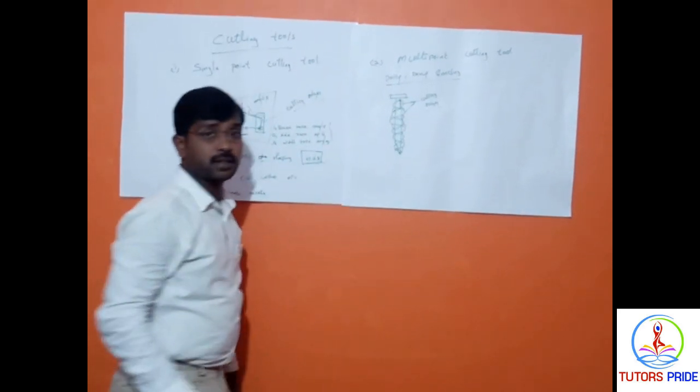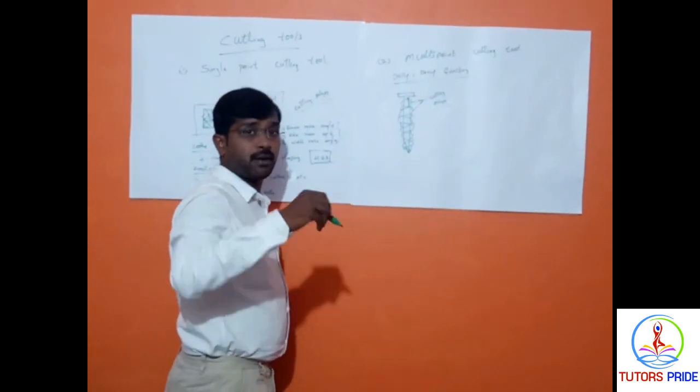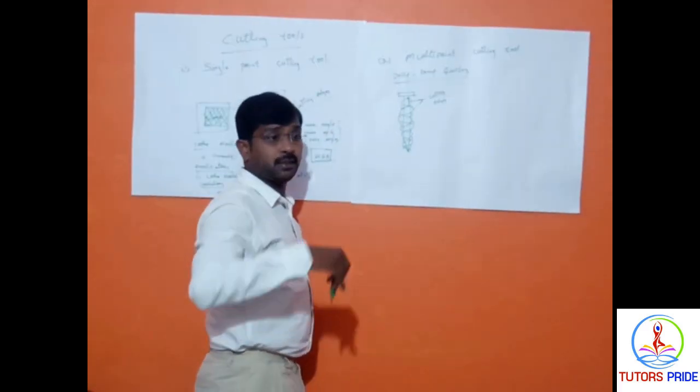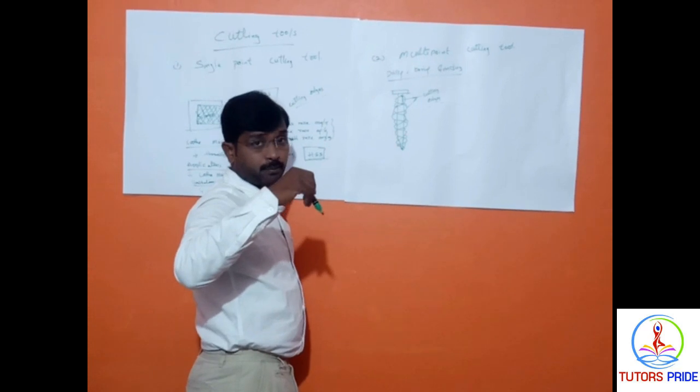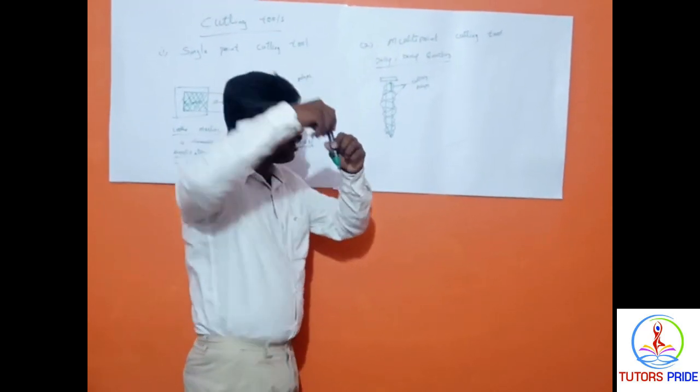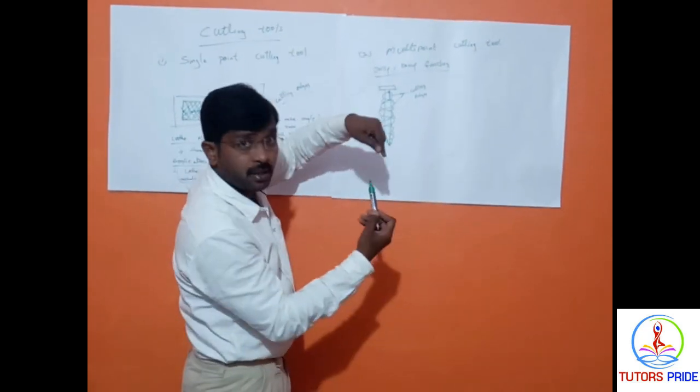Whenever you are moving the tool and inserting it inside, it goes in a revolving way by the screwing method. By the screwing operation it automatically goes in, shaping the hole.